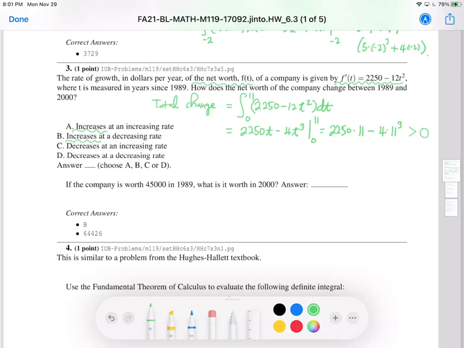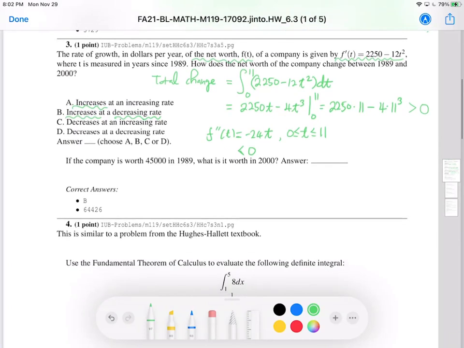The rate of the rate is defined by the derivative of the rate. So f double prime of t is negative 24t, and the range of t is between 0 and 11. So t is positive, not negative. So the derivative of the rate is negative, which means a decreasing rate.